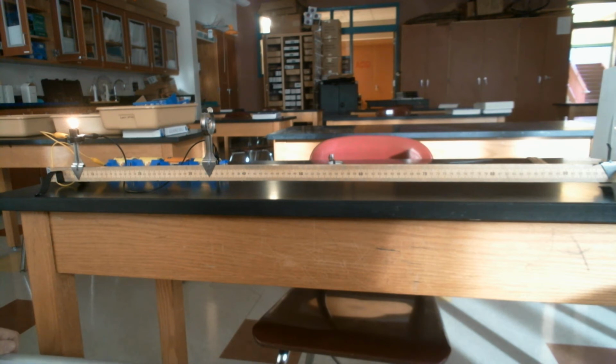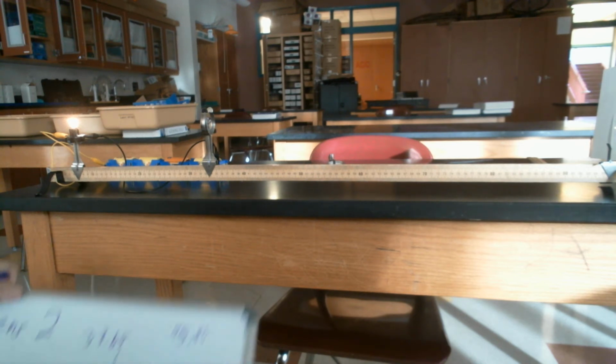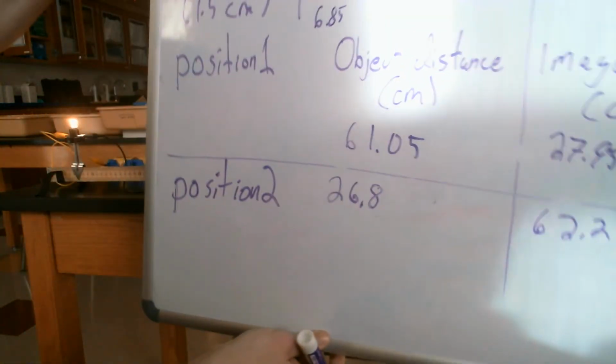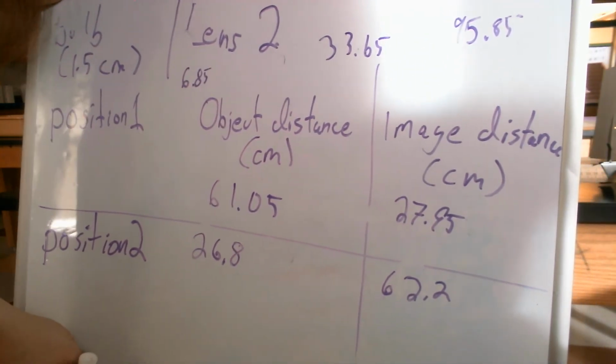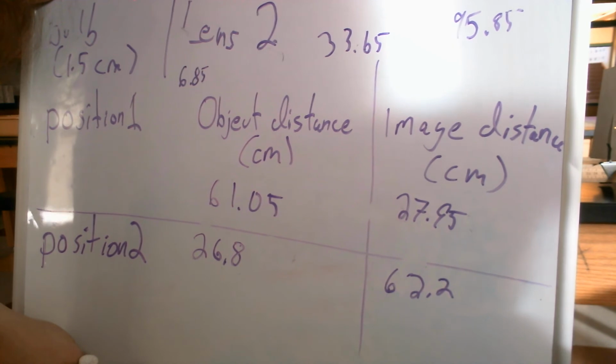And then for the image distance, 95.85 minus 33.65 is going to give us 62.2 centimeters. So here's our data for our second lens for object and image distance.